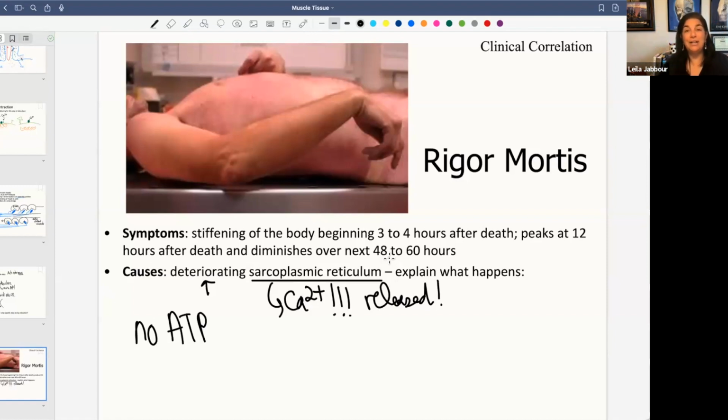It's basically decomposition going further, not just the SR, but now the filaments themselves. And if they disintegrate, the cross bridges are gone. There's no more cross bridging, and so there's no tightening anymore.